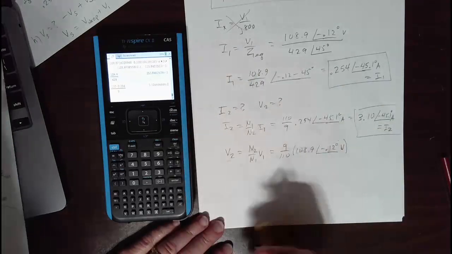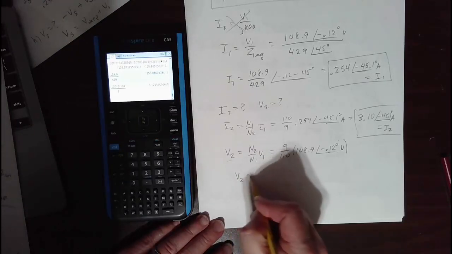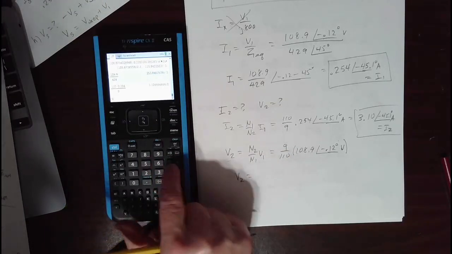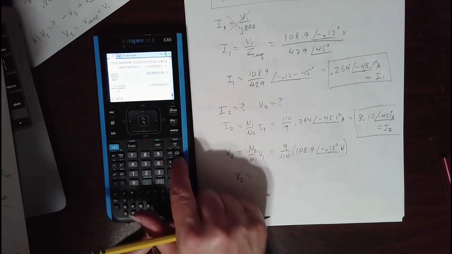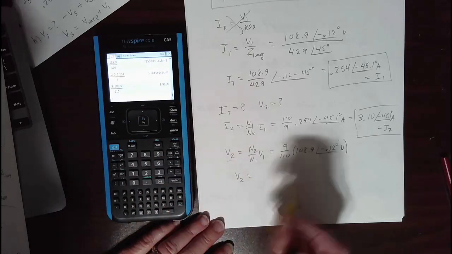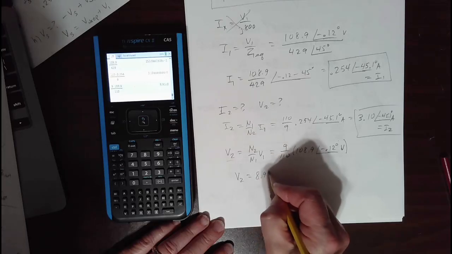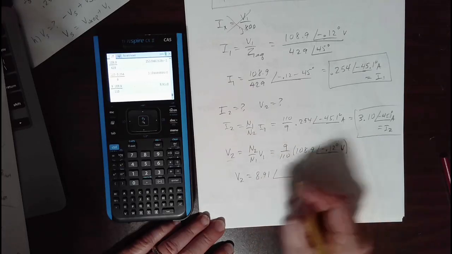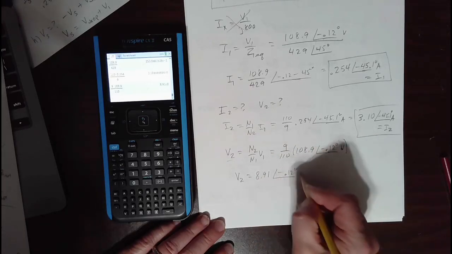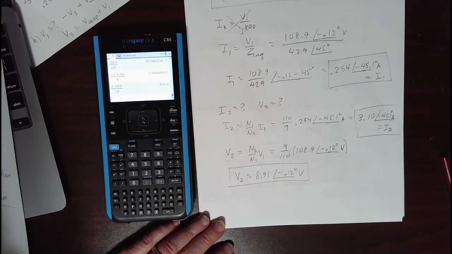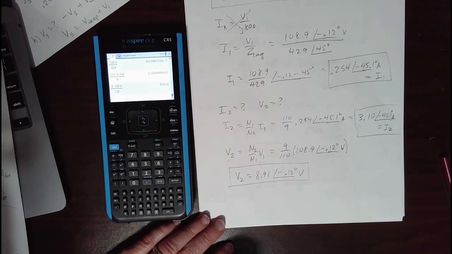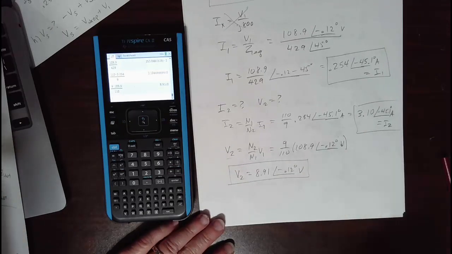And so the power stays the same going through the transformer. So V2 is 9 times 108.9 divided by 110, 8.91 at an angle of negative 0.12 degrees is V2. Good. Okay. And so we've kind of got everything solved.